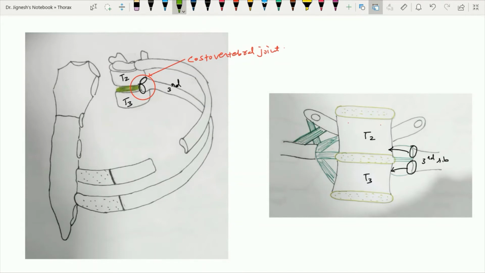And the crest between the two articular facets of the head of the rib gives attachment to the interarticular disc, and this interarticular disc connects with the intervertebral disc.